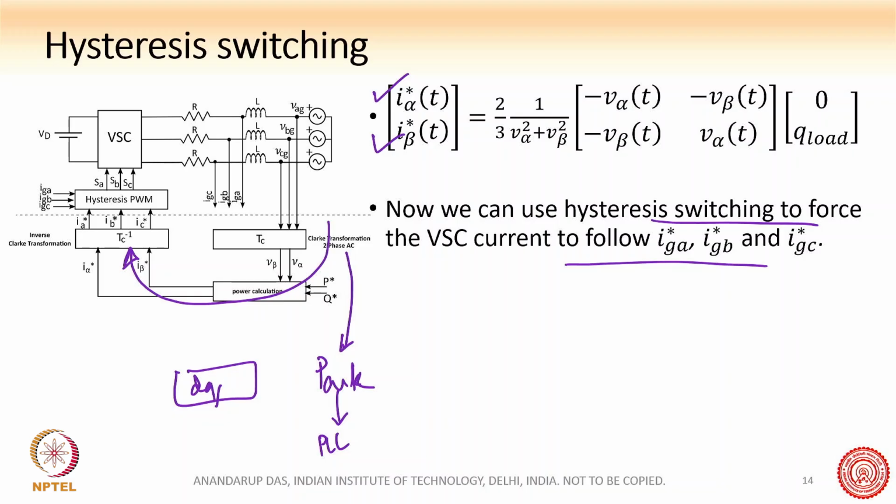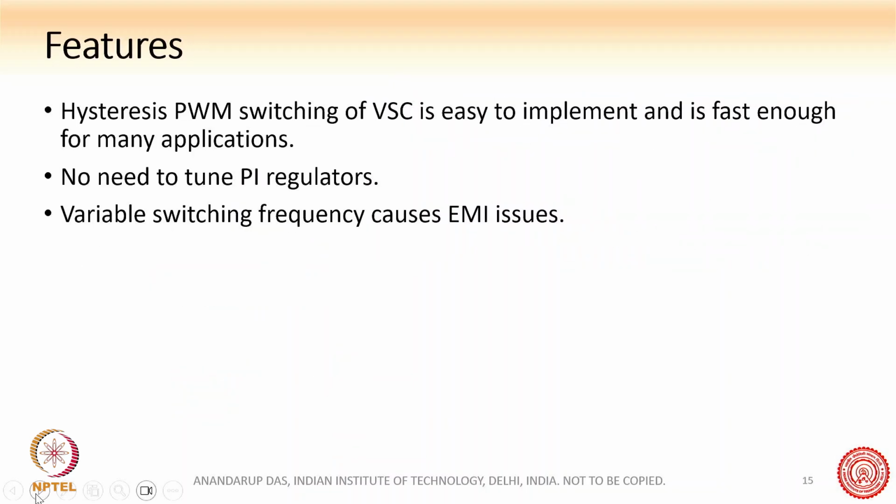So this is the technique which I was explaining. What are the features of this technique? It is easy to implement. In fact, it is very easy to understand. It is fast enough for many applications, and that is why many applications you will see are using hysteresis PWM switching. When you are developing a certain application, sometimes it may be advisable to actually use the hysteresis PWM technique, because you have very tight control over the current.